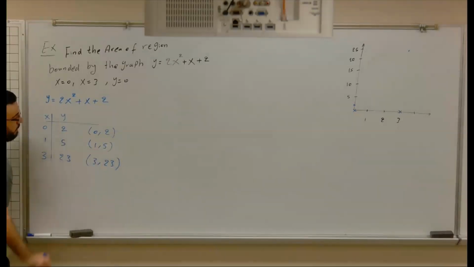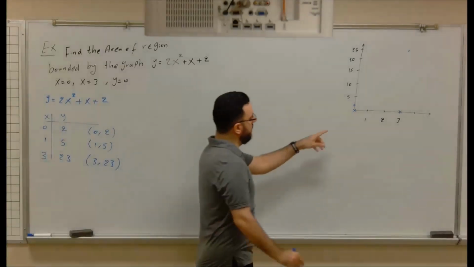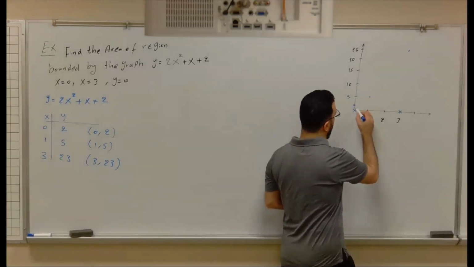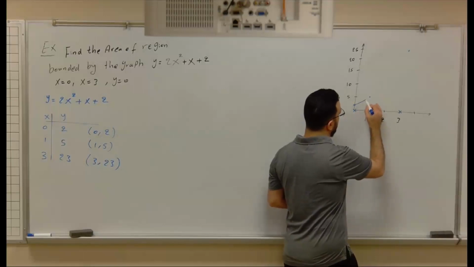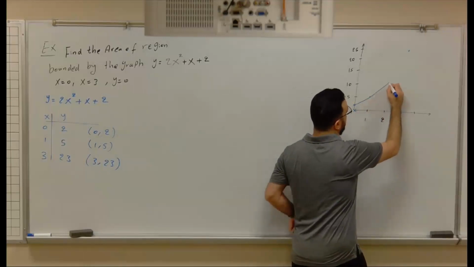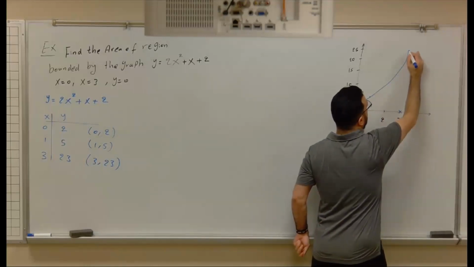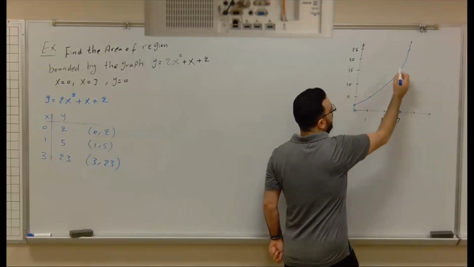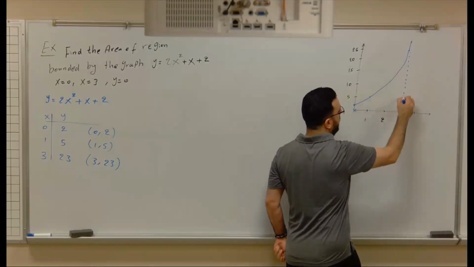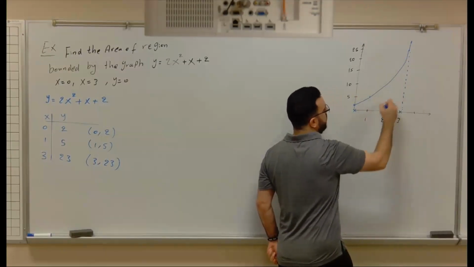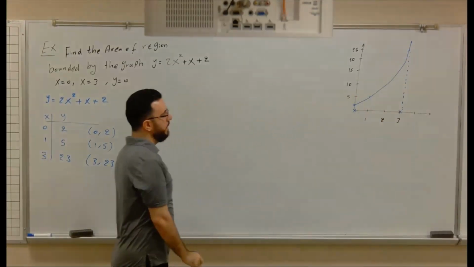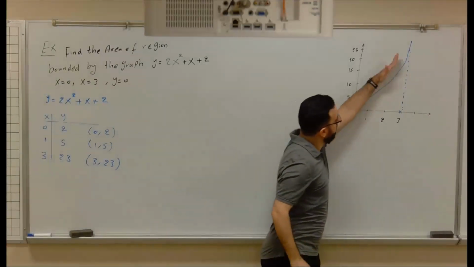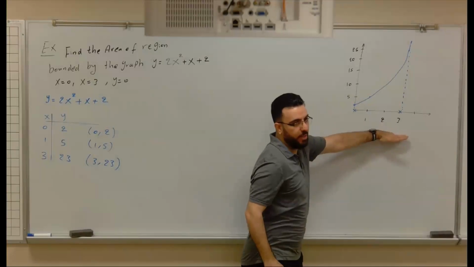The graph starts from here and goes up like this. I'm not going to care. I need to find the area here. So here's my area. I need to find the area between this curve and the x axis.